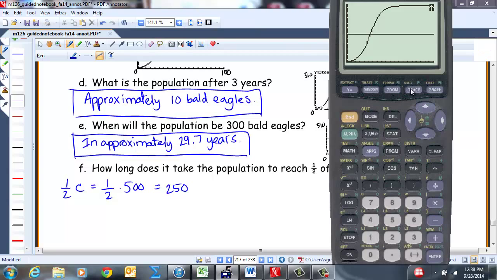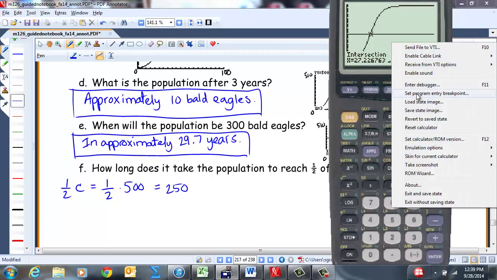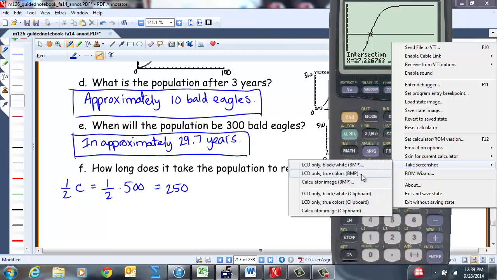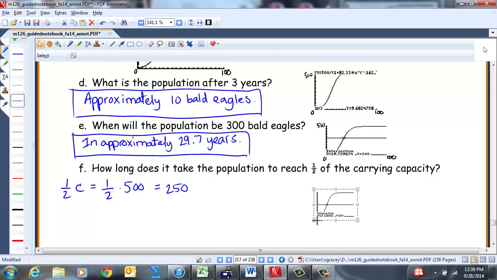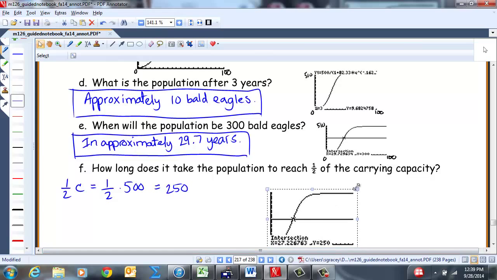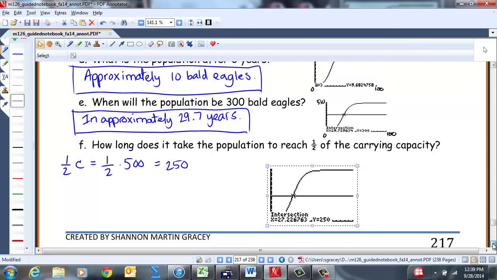Second, calculate, intersect, enter, enter, enter. Pretty close to what we had before, right? Before we got 29.7, and this time we got 29.2.